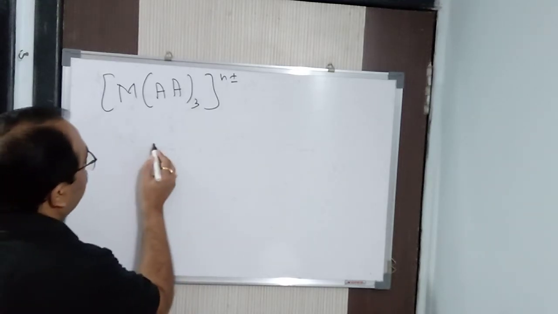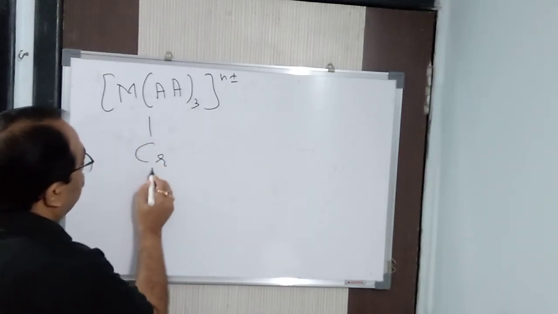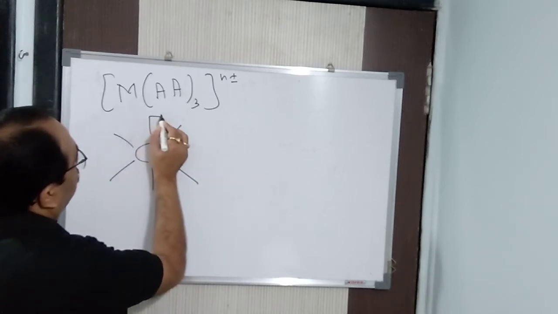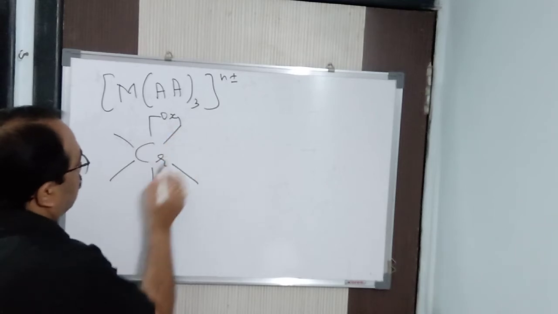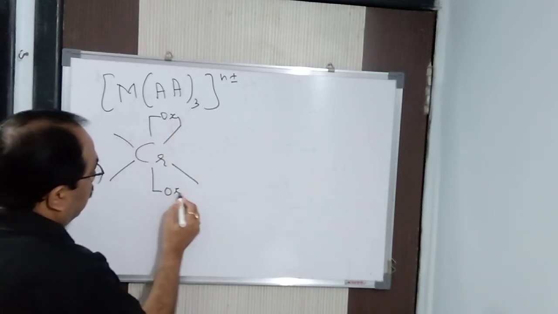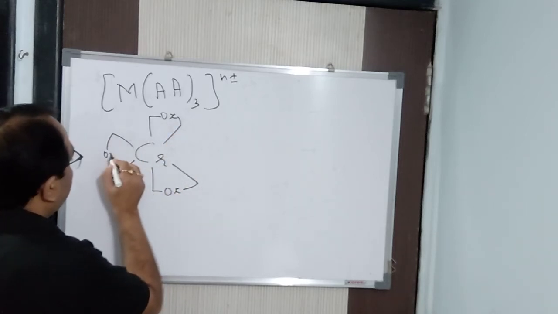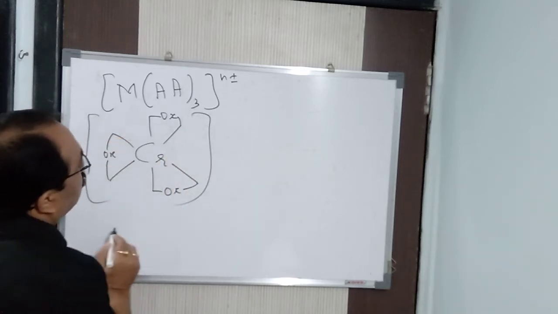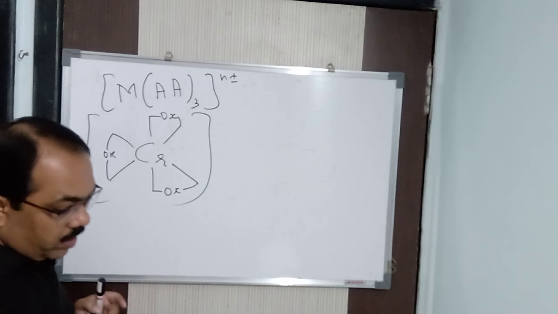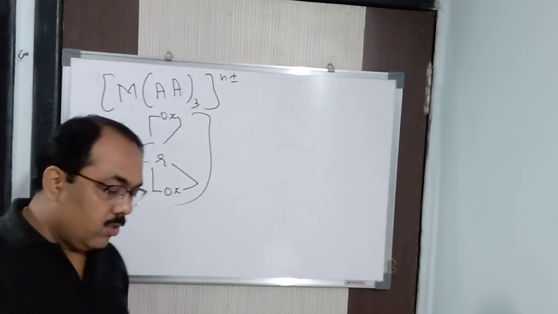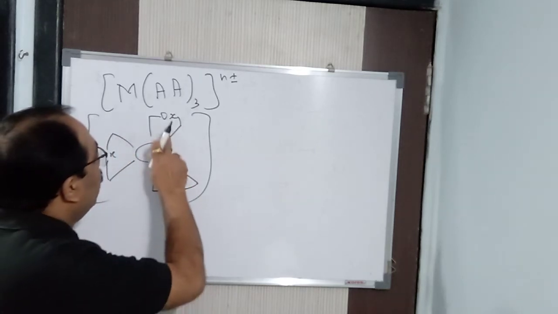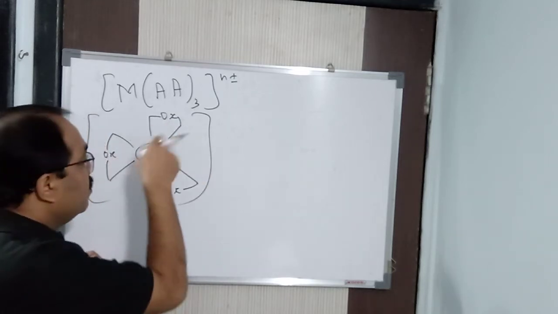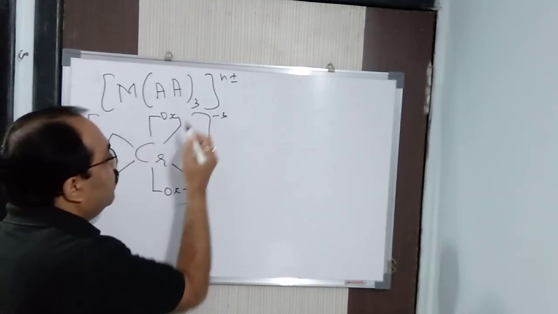Now we can give the example here, we can take ox, oxalate. Clear? So here Cr, ox is oxalate. Oxalate is minus 2 each, so minus 6, and Cr is plus 3. So it will be minus 3.